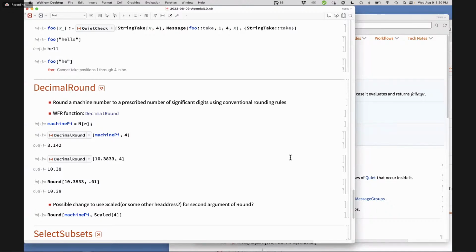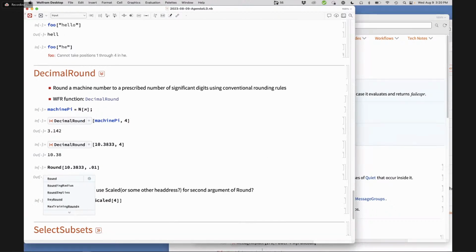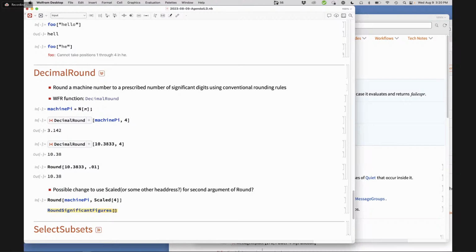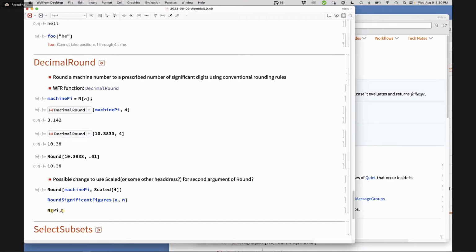Even without understanding the full generality of N, you can give it a singleton list. So round 4 means round to multiples of 4, and round list 4 means give me 4 digits. That's not hard to understand, even if the full generality of the two element list is more difficult.